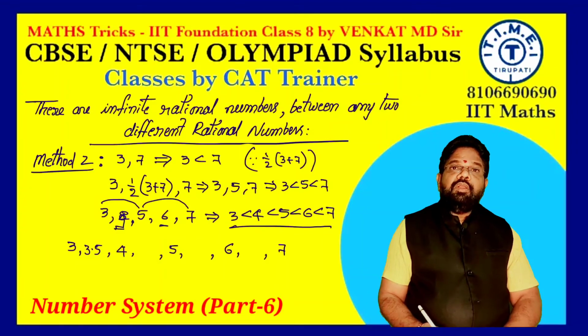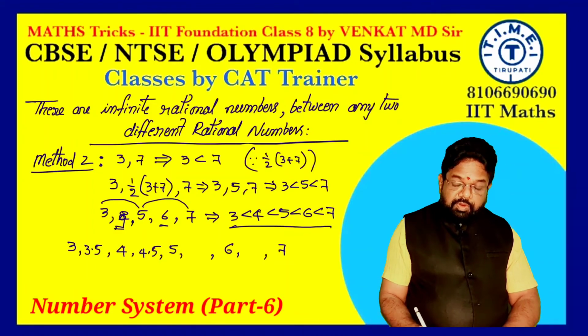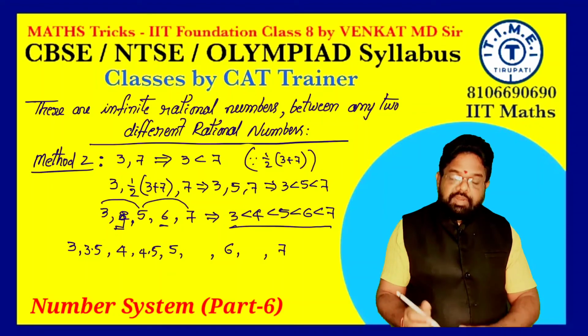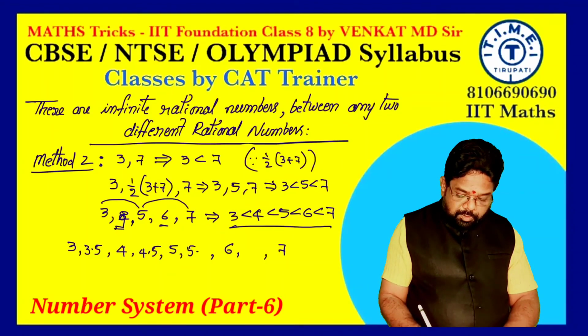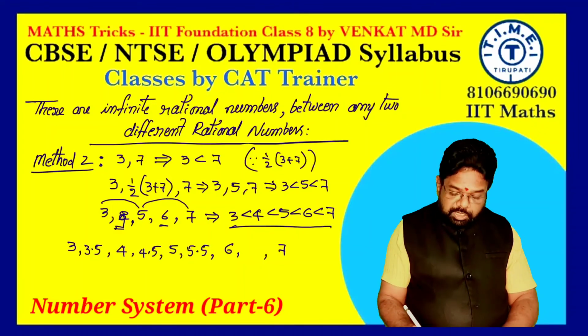Between 4 and 5, 4 plus 5 is 9, half is 4.5. Between 5 and 6, 11 by 2 is 5.5. Between 6 and 7, 13 by 2 is 6.5.